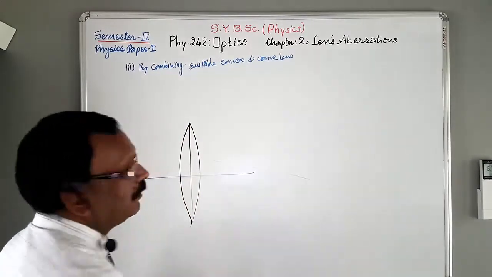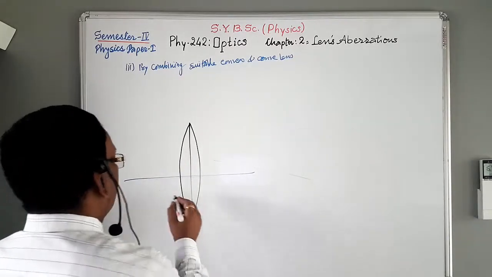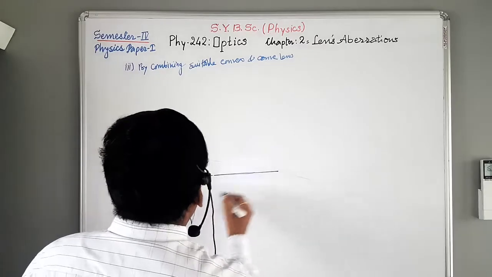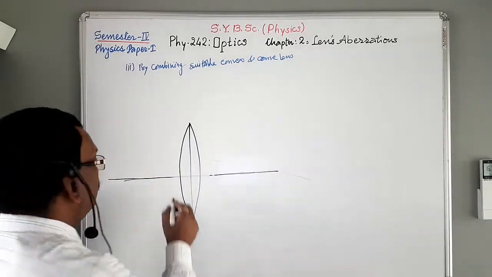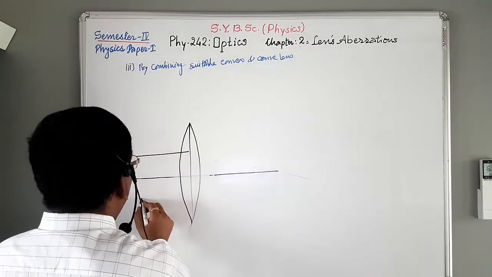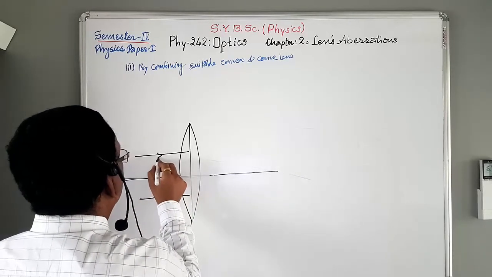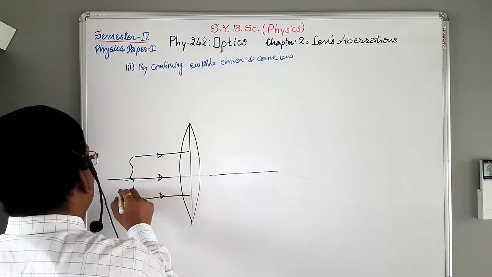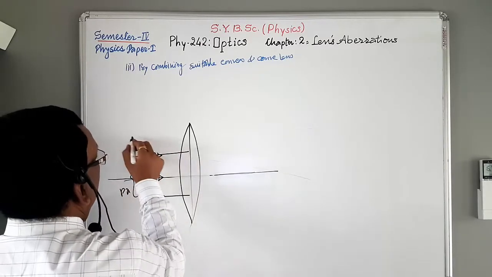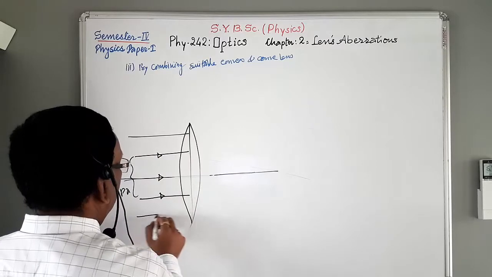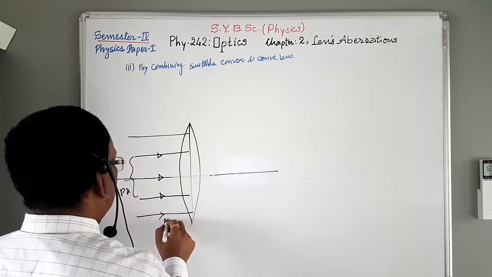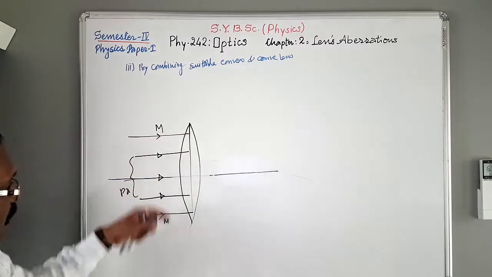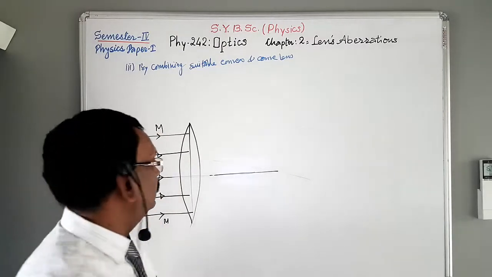Suppose this is a thin convex lens and this is the principal axis. These are the paraxial rays, and these are the marginal rays, shown by different types of arrow.